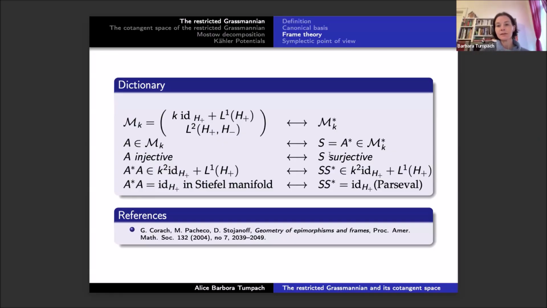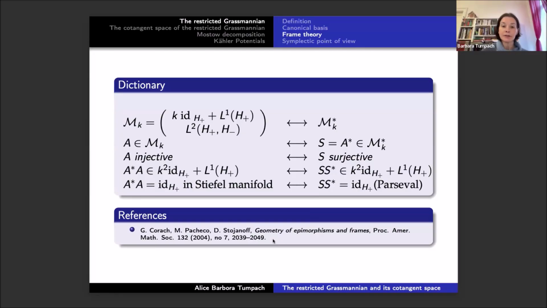And if A is injective, then the corresponding S is surjective, and A star A corresponds to S S star. A star A equal to identity means that A is in the Stiefel manifold, and this corresponds to S S star equal to identity of H plus, which means that the corresponding sequence is a Parseval frame.